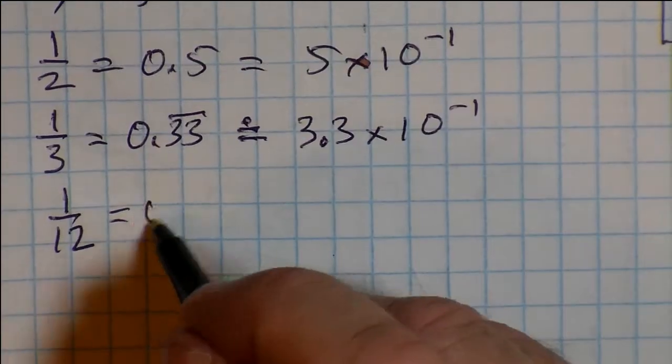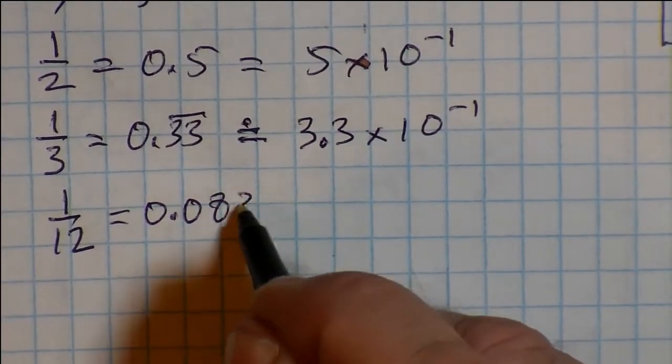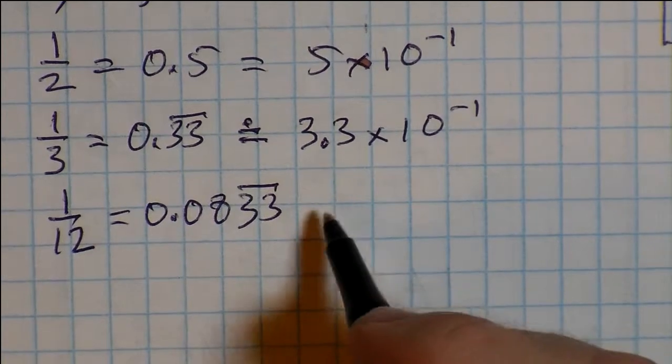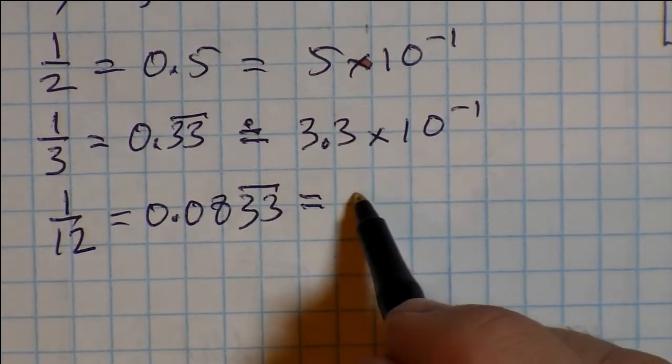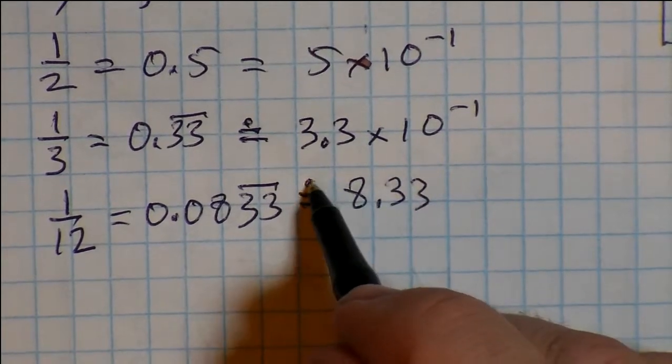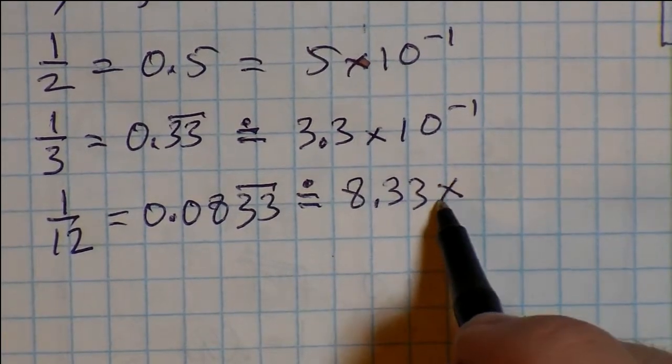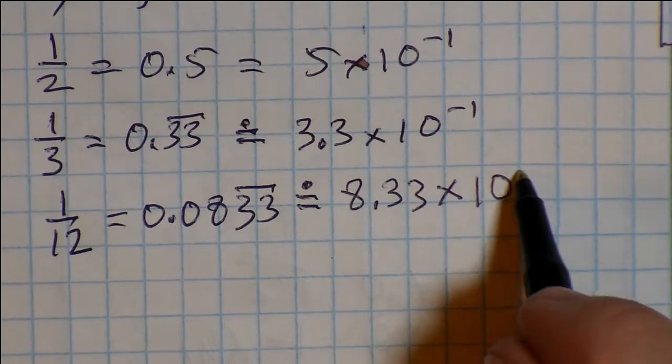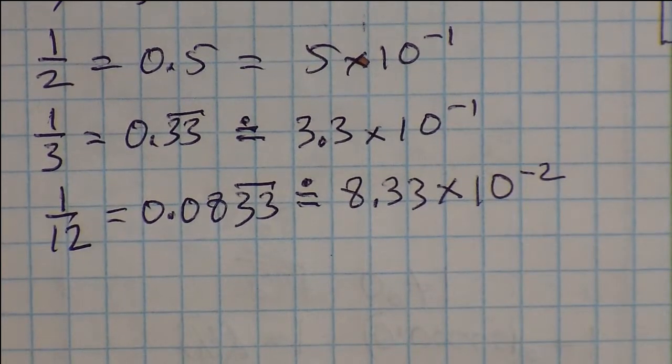Similarly, 1/2 would be exactly 5 times 10 to the minus 1. 1/12, I looked it up on my calculator, and my calculator told me 0.0833 repeating, and so that's approximately equal to 8.33 times 10 to the minus 2. In fact, using estimation, any real number ultimately can be expressed in scientific notation.